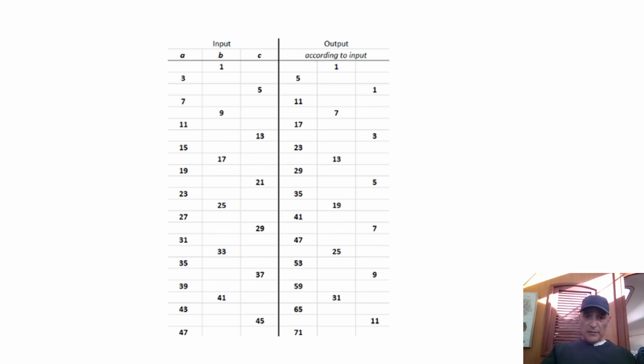So for example, if you look at the C column for input, you'll see that the differences are always 8, 5 to 13, 13 to 21, 21 to 29. However, it turns out if you divide 5 minus 1 by 4, you get 1. 13 minus 1 by 4, you get 3. 21 minus 1, you get 4 plus 1, 5. So what I'm trying to say is that every odd integer can be an output of C.